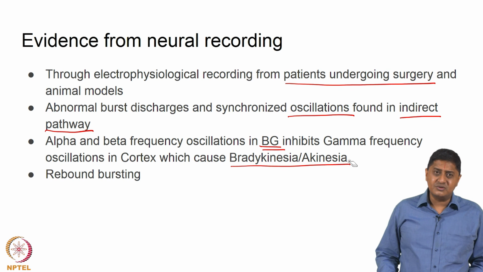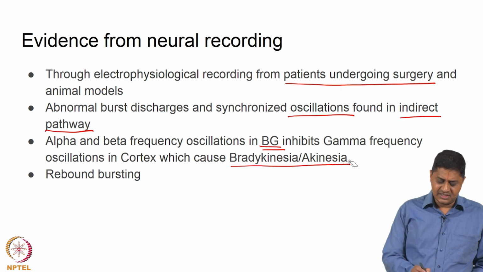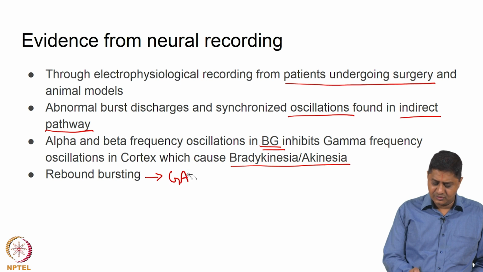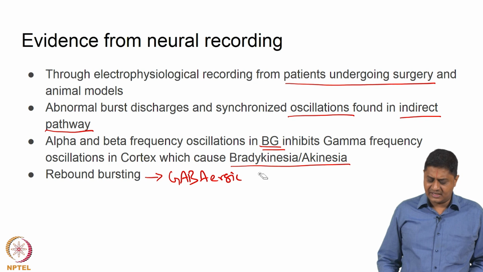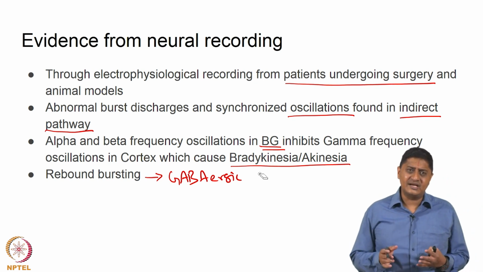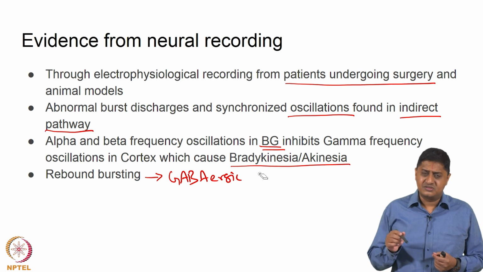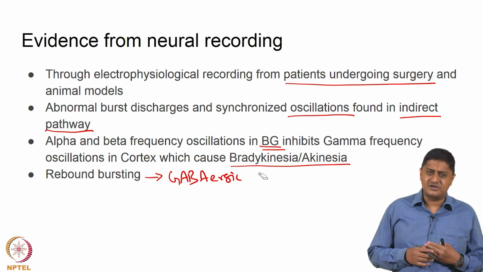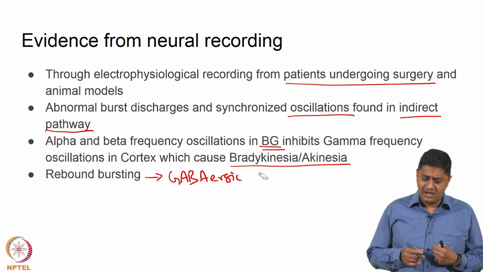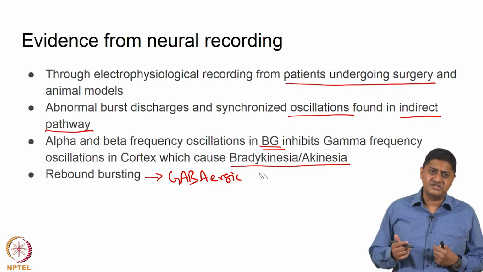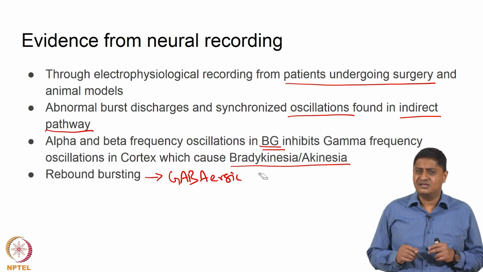What is also believed to be true is this phenomenon of rebound bursting that is caused due to extensive GABAergic activity within the basal ganglia, especially between the input and output. Most of the connections are GABAergic, medium spiny neurons are GABAergic, other interneurons are GABAergic, except the neurons from the subthalamic nucleus, which is glutamatergic.